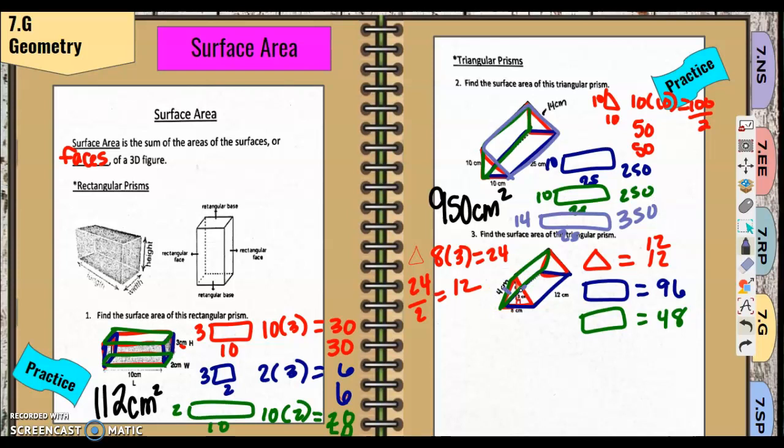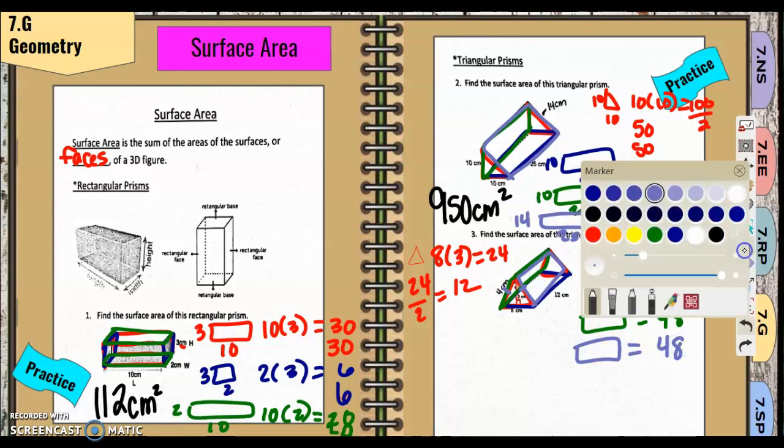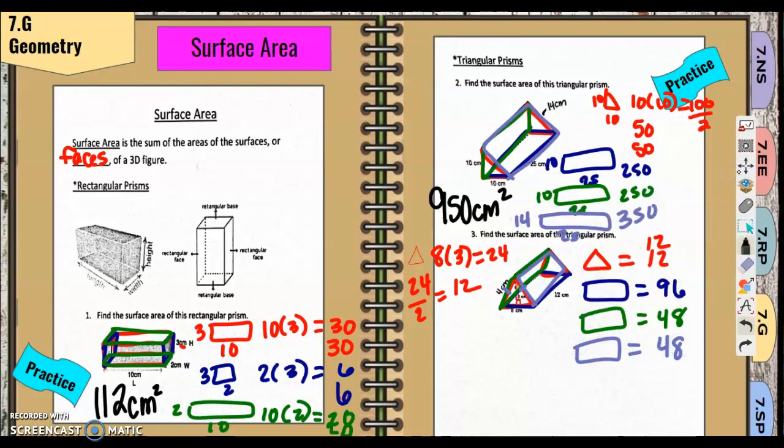The tally marks mean that they are congruent. So that means I can multiply this side 12 by 4 as well, and that is also 48. Once you have found all the areas, then you add them all together. 12 plus 12 plus 96 plus 48 plus 48 is 216 centimeters squared.